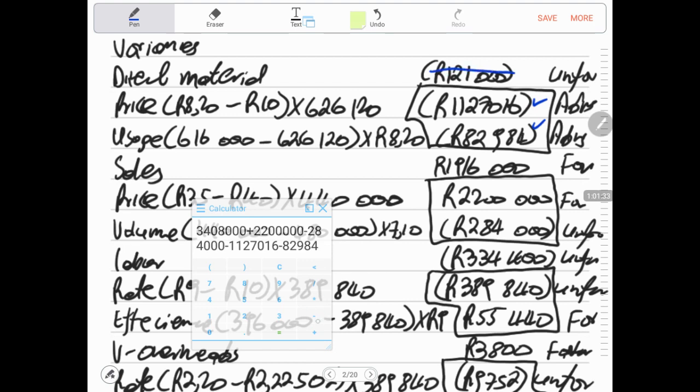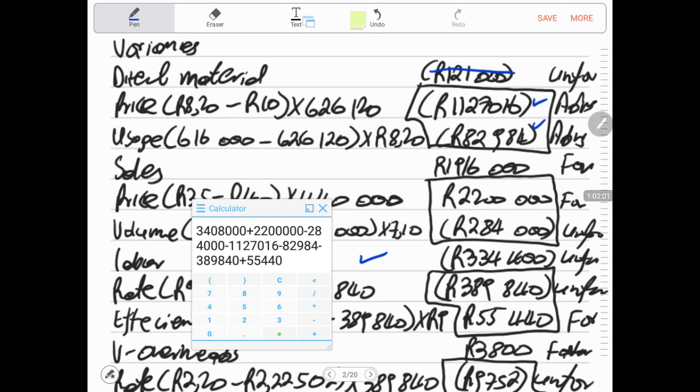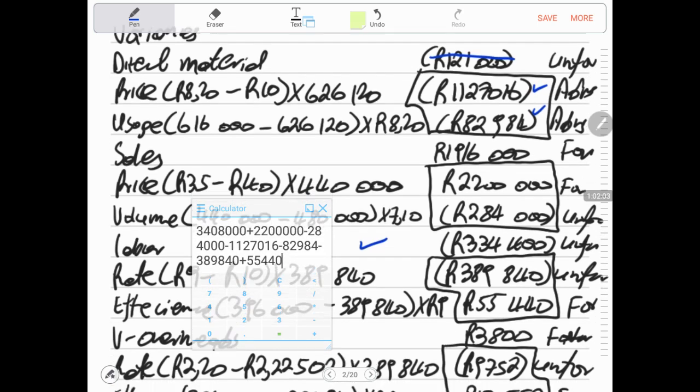Then we come to the next one, which is our labor variance. We minus 82,984. I just want to confirm. Then we have minus 389,840, and plus 55,440.